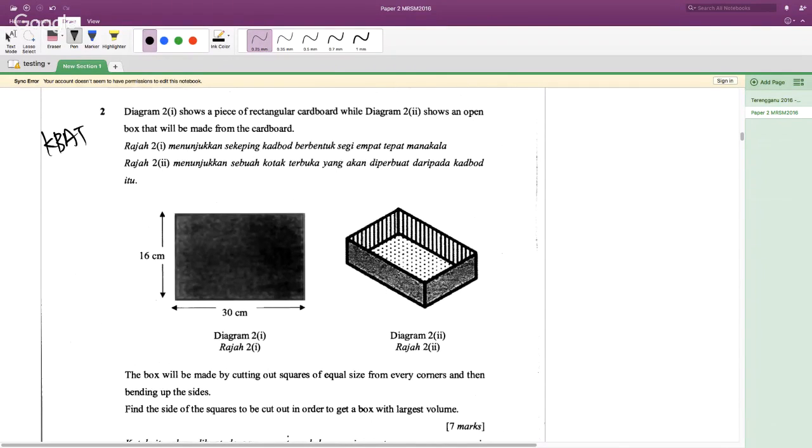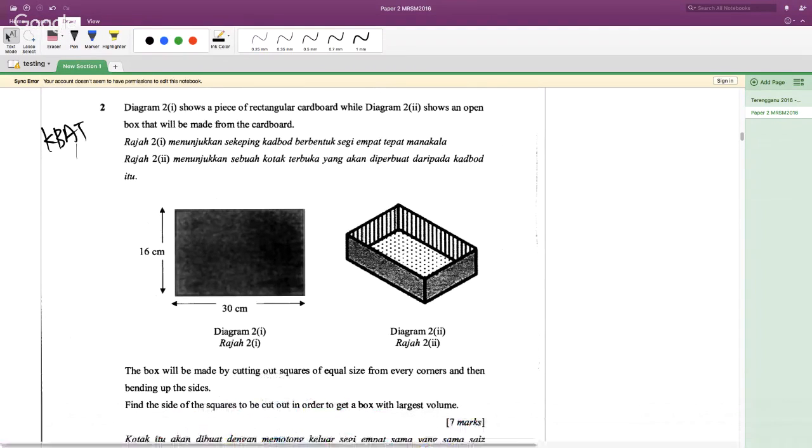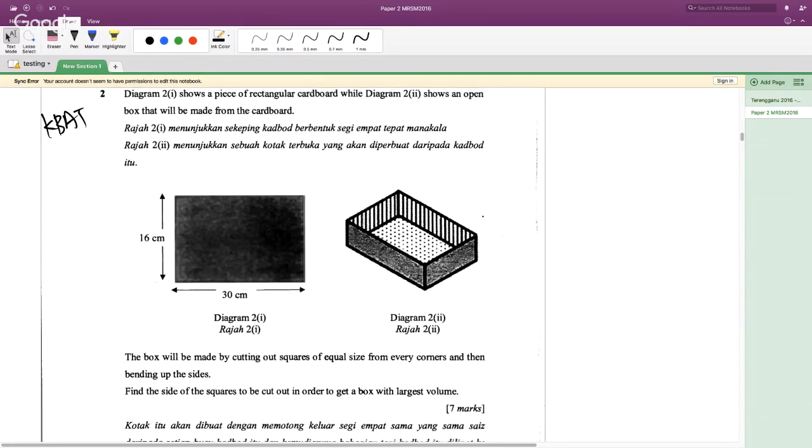So, all right, this one, diagram 2. This diagram shows a piece of rectangular cardboard, while diagrams 2.1 and 2.2 show an open box that will be made from the cardboard. So basically you use this cardboard over here to make this box.